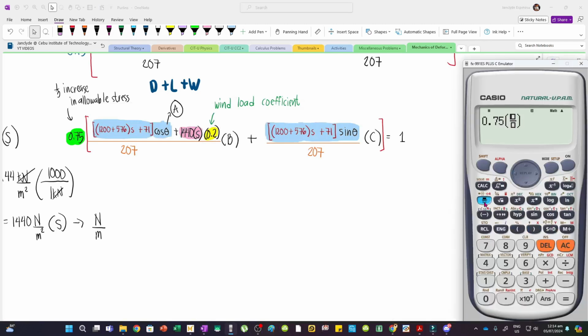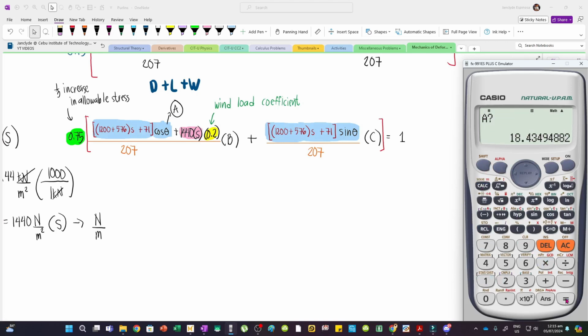So 0.75, and then we have 1200 plus 576 multiplied by S plus 71, and then cosine theta, we're going to add plus 1440 times S multiplied by 0.2, and then divided by 207, and then multiplied by B, and then we still have plus, again, 1200 plus 576, this is multiplied by S, and then plus 71 sine theta, divided by 207, and then we're going to multiply this by C, and then this is equal to 1.